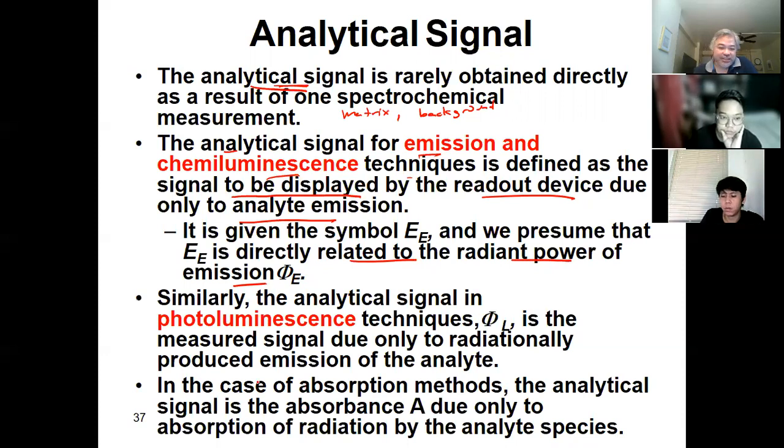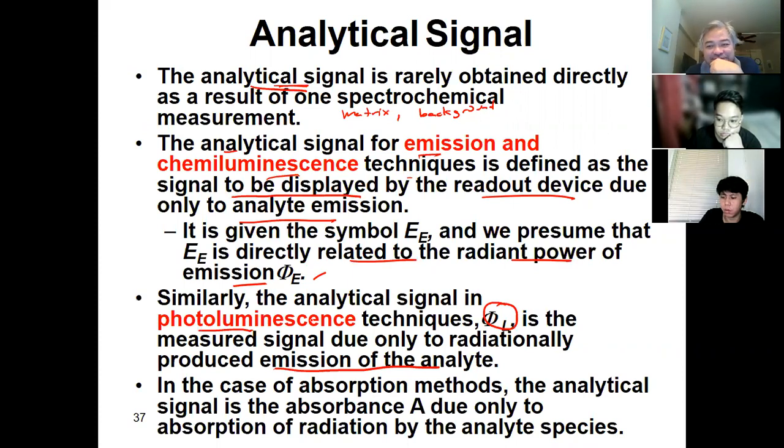Similarly, for the analytical signal of photoluminescence techniques, you use this one. This one is in terms of energy, and this one in terms of luminescence. So this is the measured signal due only to radiationally produced emission of the analyte. So at least we could say in emission, chemiluminescence, and photoluminescence, the signal is just due to the analyte that you're looking for.